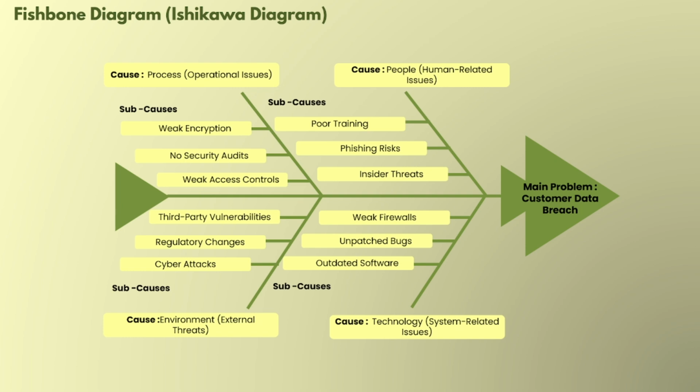Once we have identified those risks, we can plan better mitigation strategies to reduce the chances of them happening, and also create a contingency plan just in case they still do. Basically, it gives us a full picture upfront so we are not caught off guard later. So this is the importance of the fishbone, or we can say the importance of identification of risk.